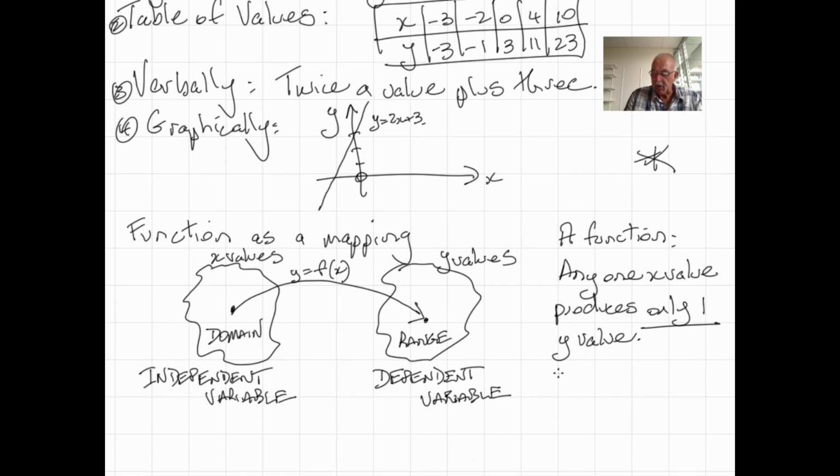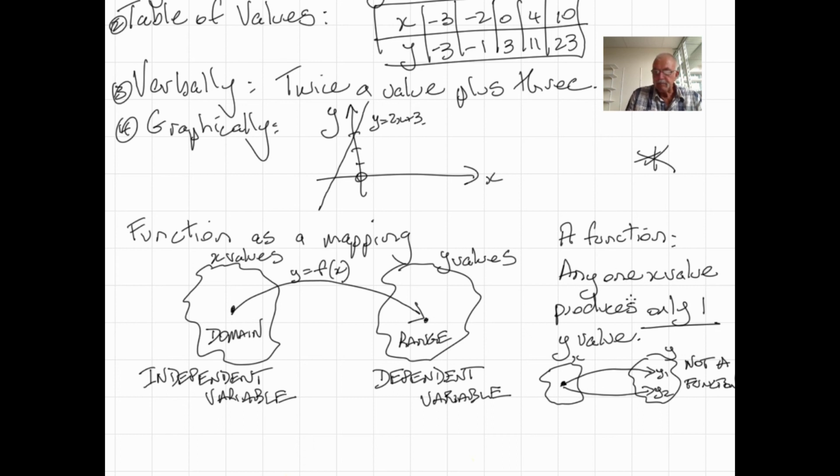So using this diagram over here, if you had something like this, so here's my x and here are my y's, and given one x value, we get y1, and then using that same x value, we get y2, so this will not be a function. This is an example of a function. Given that x value, you only get one y value.